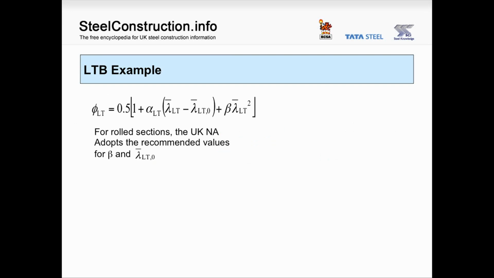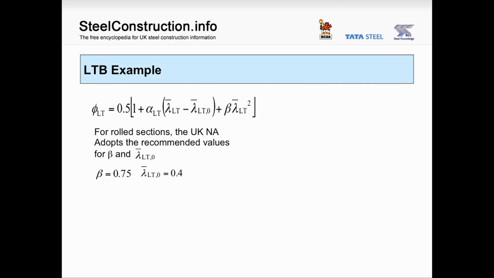So, knowing alpha LT and knowing lambda bar LT, we can now calculate phi LT. There are 2 terms which are recommended in the Eurocode but may be adjusted by the UK National Annex. Those are lambda bar LT0 and beta, but the UK National Annex for rolled sections accepts the recommended values.